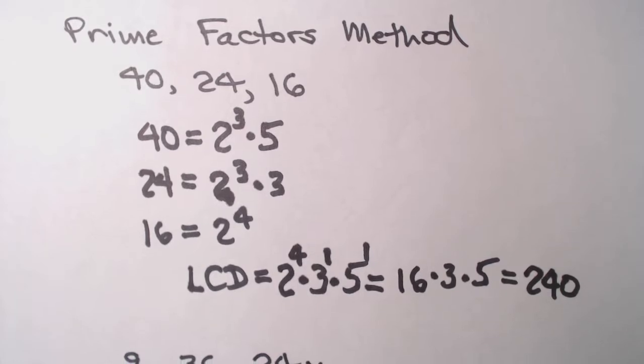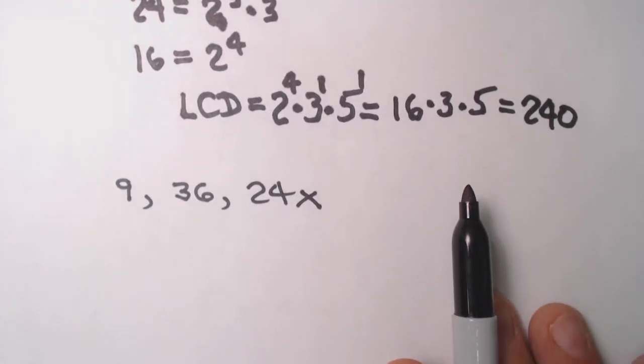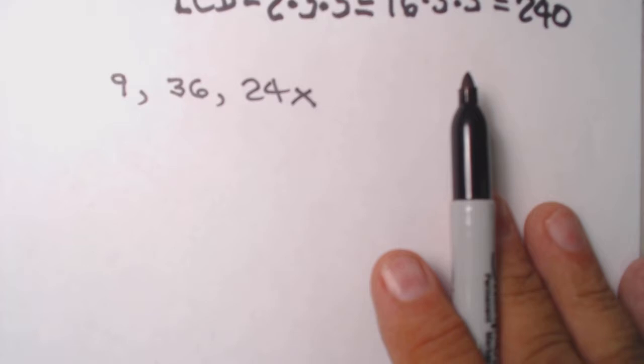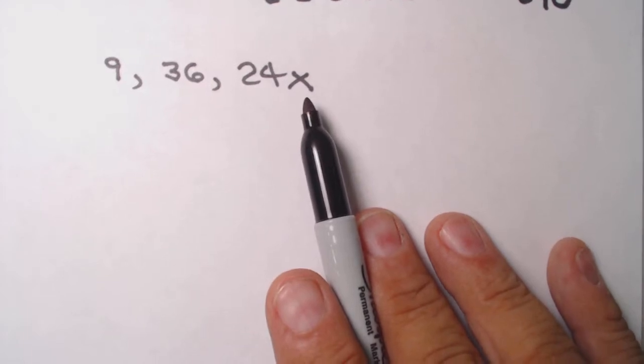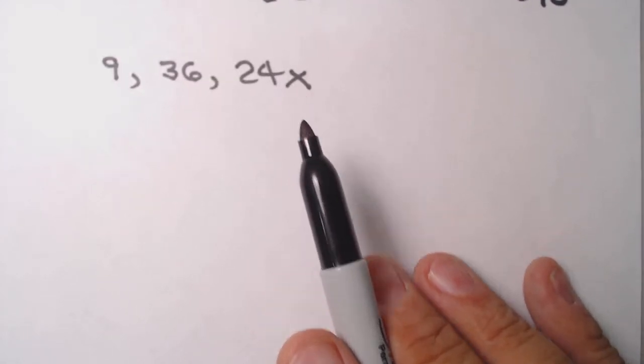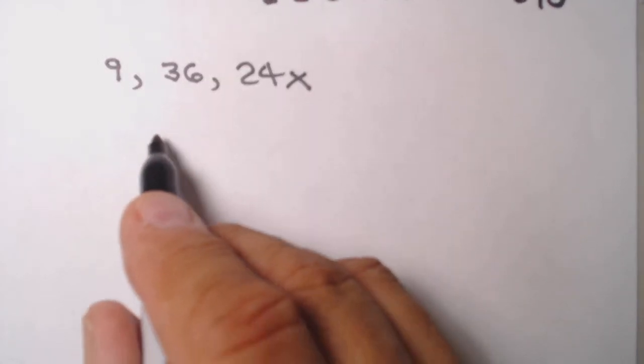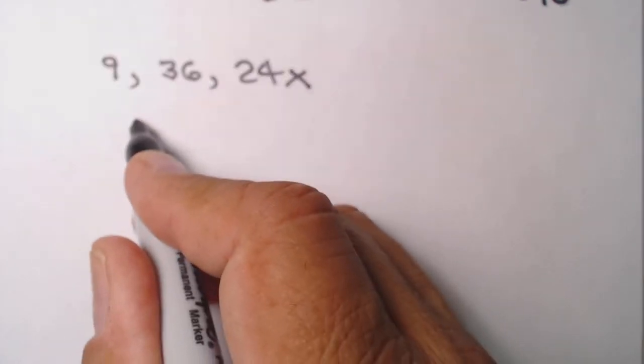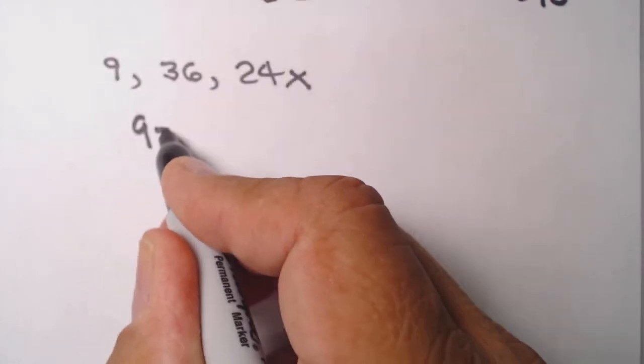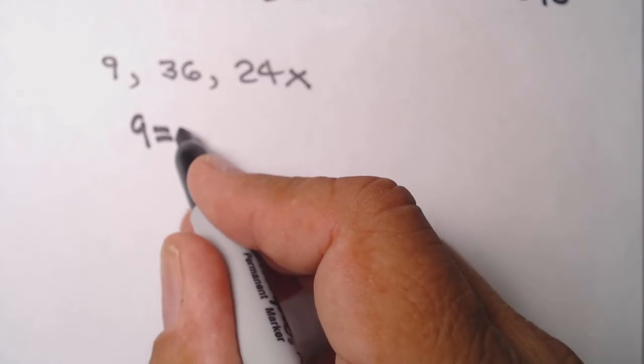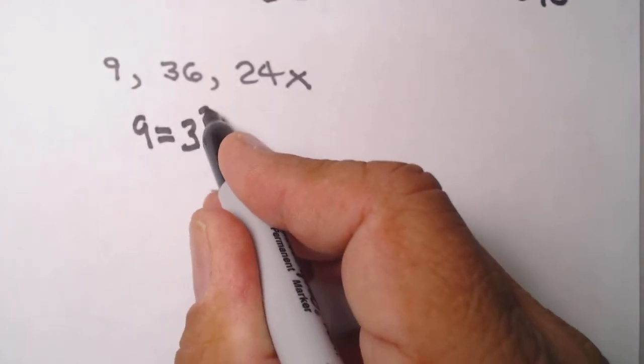Well, let's look at another example. Same thing going on here, but now what we're doing is we're looking at 9, 36, and 24x. We're introducing a variable in here, and the prime factors method takes care of this just fine. Again, prime factor each of these. 9 is just 3 times 3, or 3 squared.